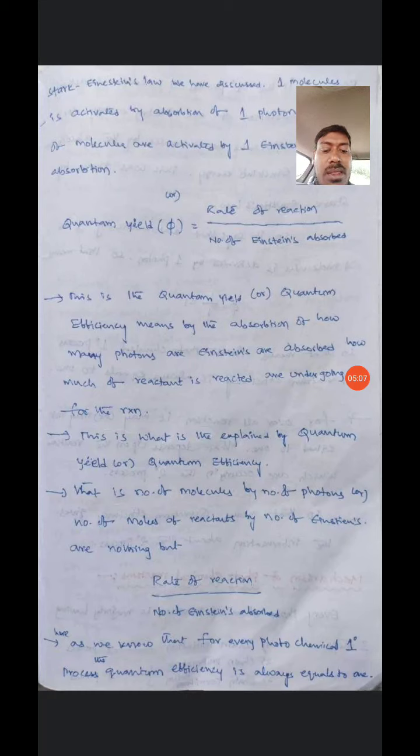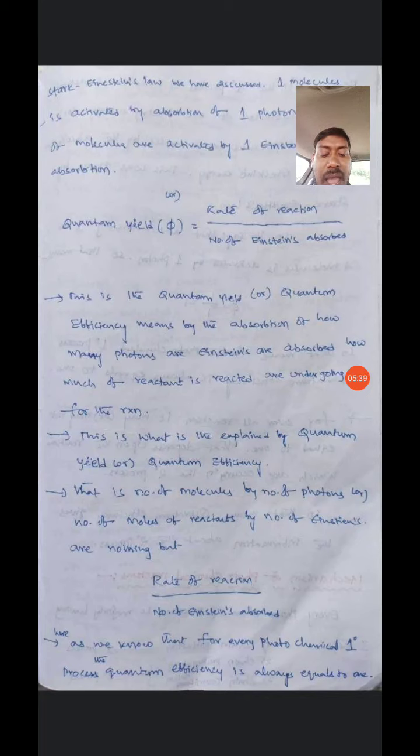So the number of molecules by number of photons, or the number of moles of reactant by number of Einsteins, is nothing but the rate of reaction divided by the number of Einsteins absorbed.